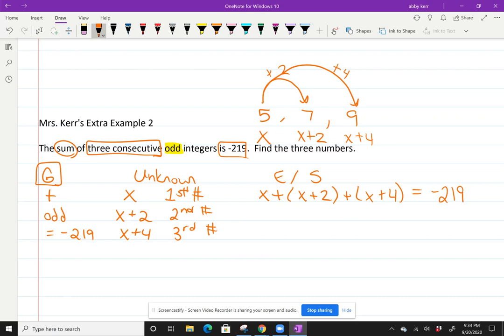Now, one thing that I want to note, yes, it says odd, but that is not going to change the plus 2 or the plus 4. I understand those are even numbers, but we're looking for an odd answer. So that plus 2 plus 4 will always be there for odd integers. Now, once again, you do not need those parentheses.